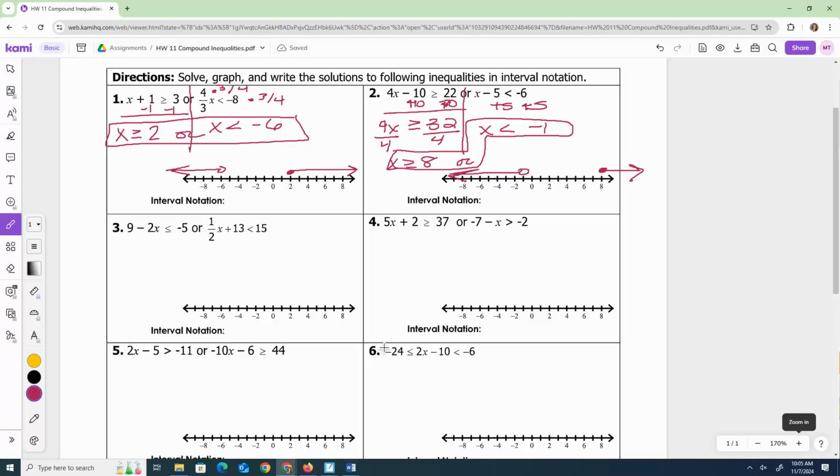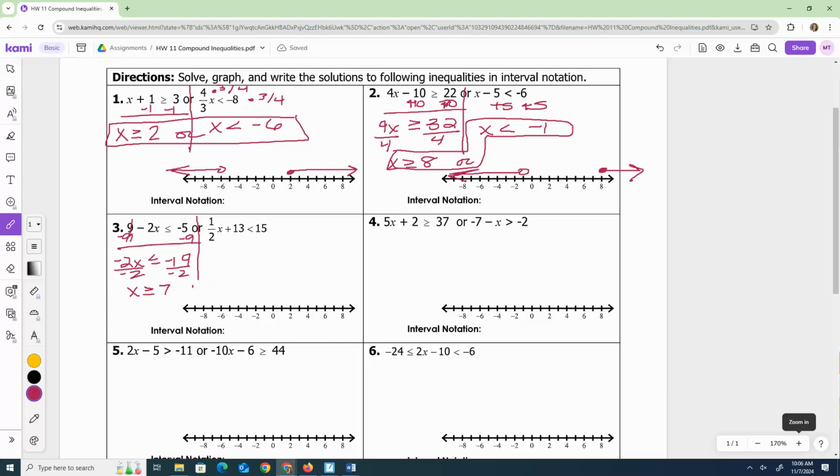Alright, number 3. Julius? Minus 9. -2x less than or equal to -14. And when you divide by a negative, what happens? So it's greater than or equal to 7.